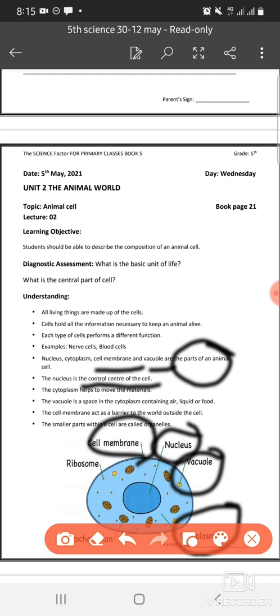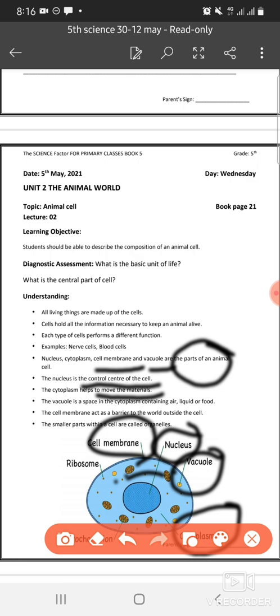The next one, the cytoplasm helps to move the materials. The cytoplasm, this part, helps the cell to move its material. Means it helps in transportation of materials within a cell inside the cell membrane.